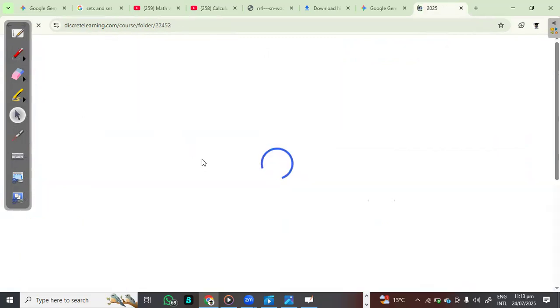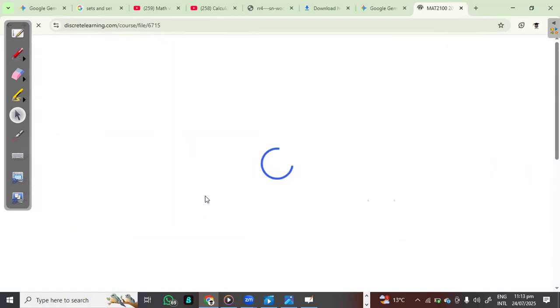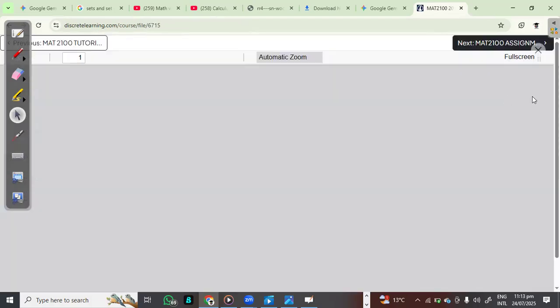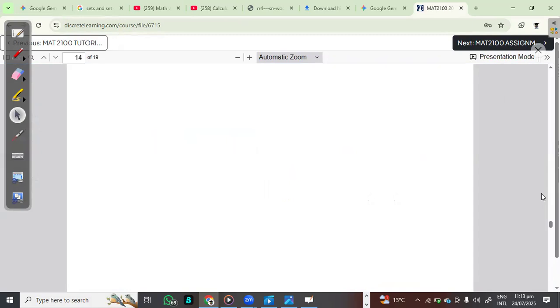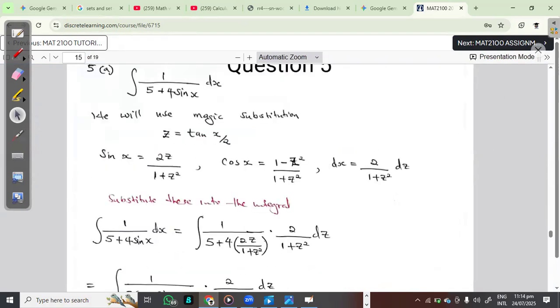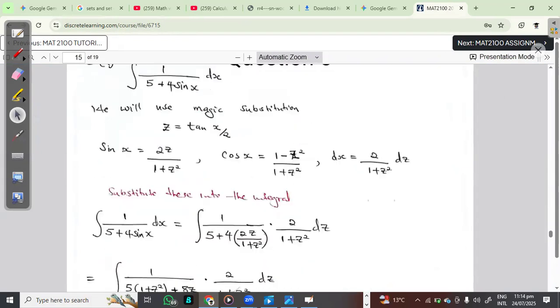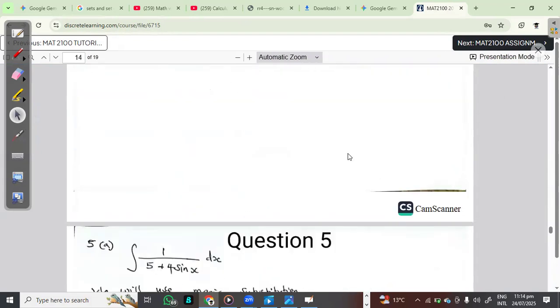From there, you can open Assignment 2, and it will direct you to the assignment. This is the assignment, and this is question 5. From there, you can access other things.